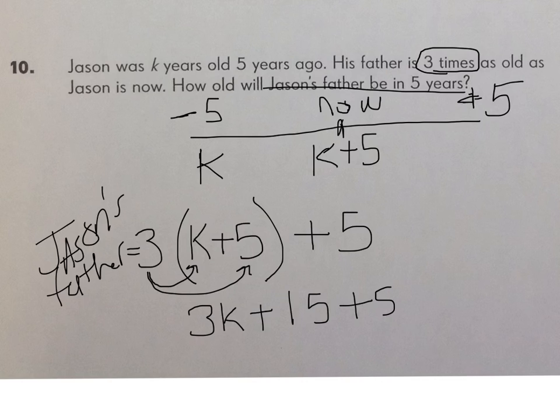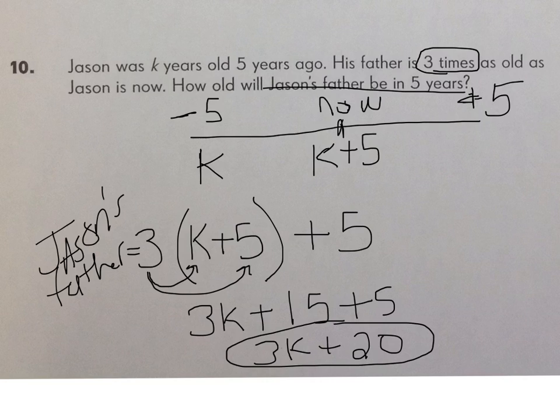Now I can put like terms together: 3K plus 20. And that is how old Jason's father will be 5 years from now. A little complicated. Hopefully you understand.